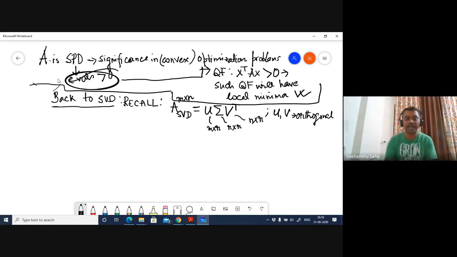So in order to understand how eigenvalues are computed and what's the relation between eigenvalues and singular values, let's just look at this. We know from previous discussions that if your matrix is a square matrix, you can decompose your matrix into this form.